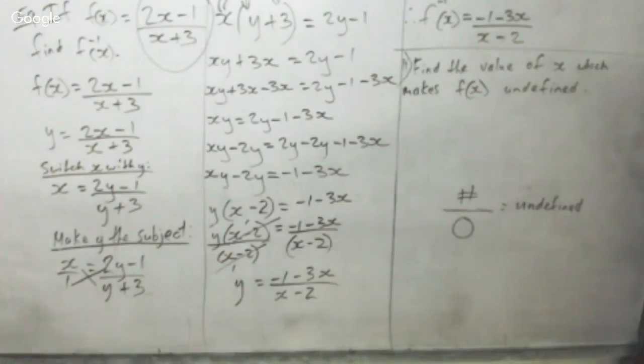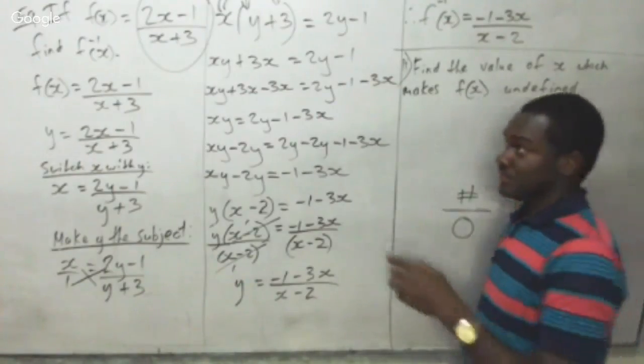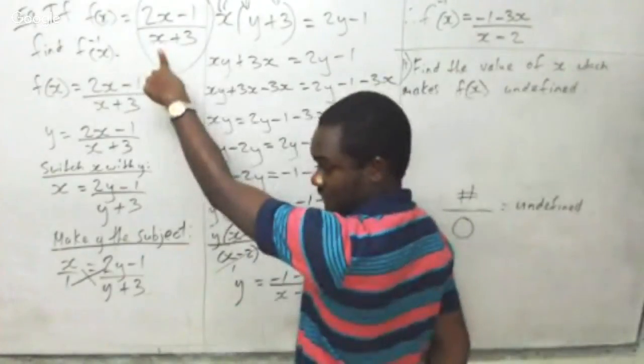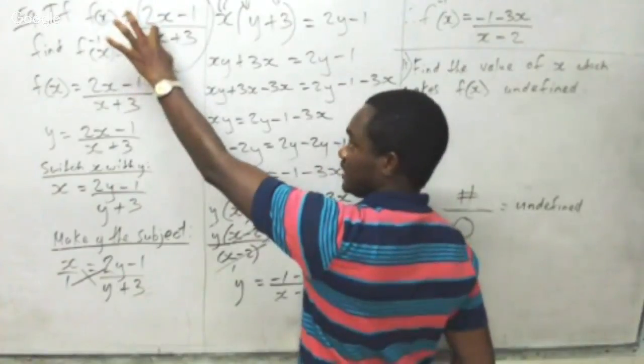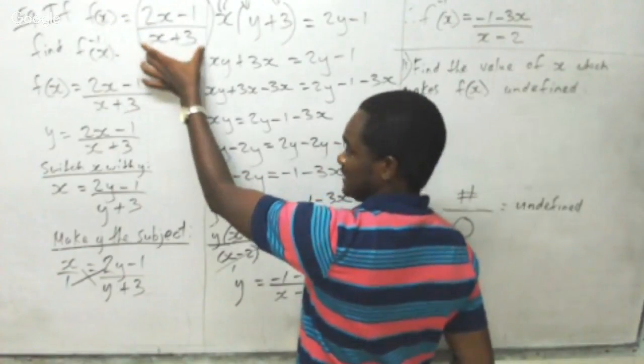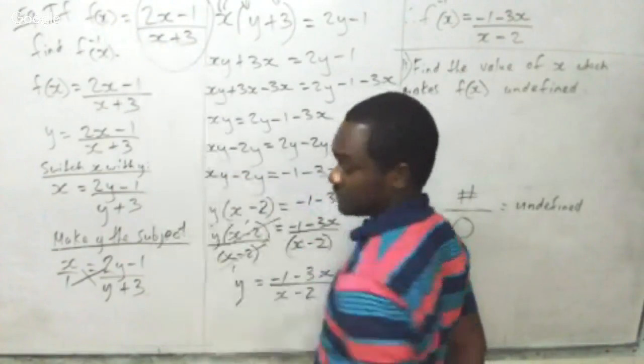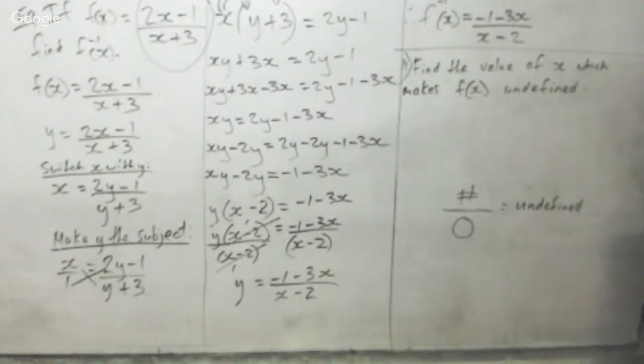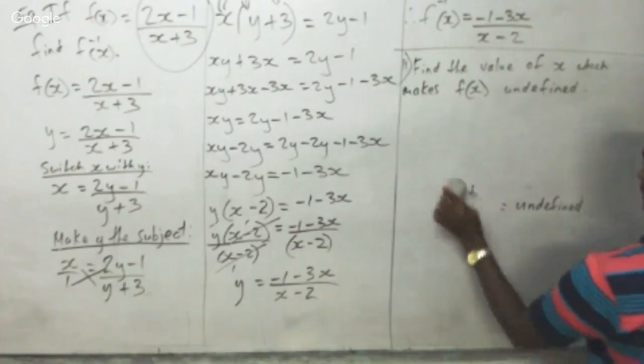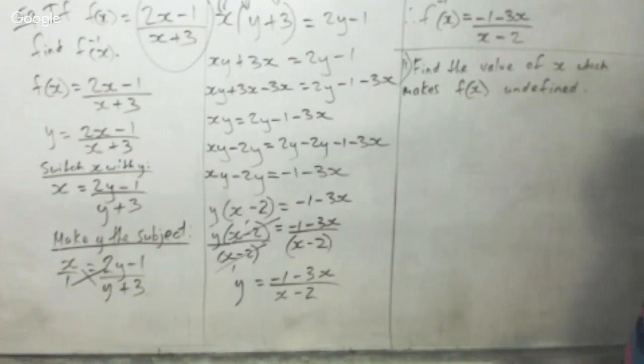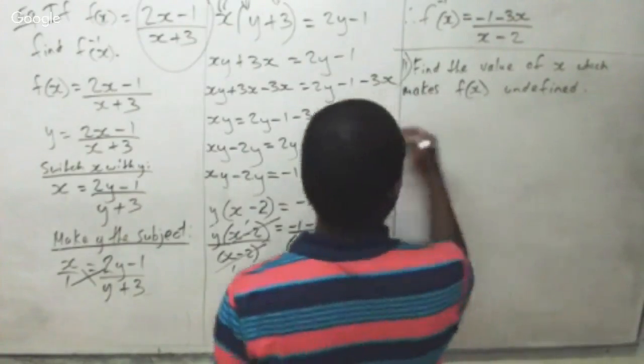All it is saying is, tell us the number that we need to put for x so that when we add it, we get 0 underneath here. Which number? Negative 3. But you need to show the working.